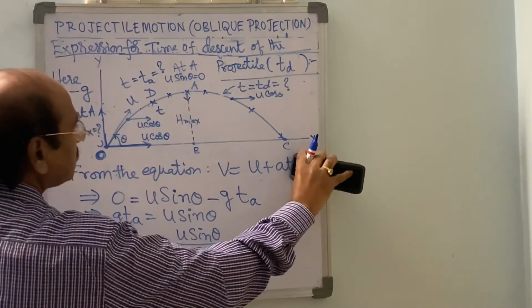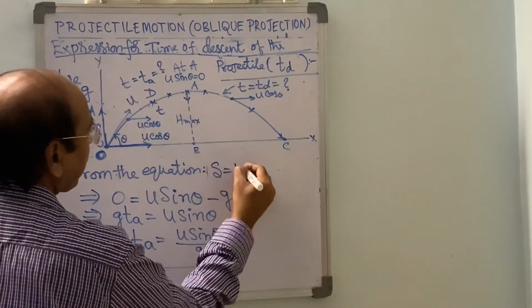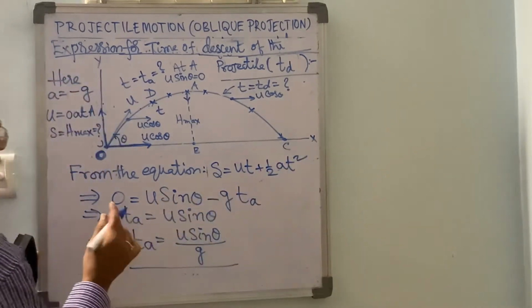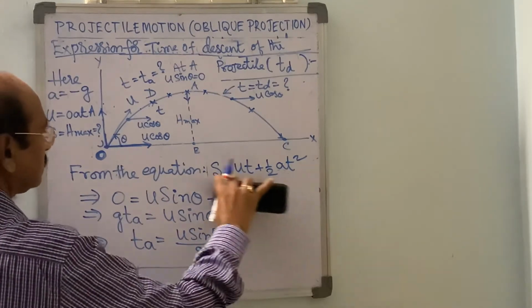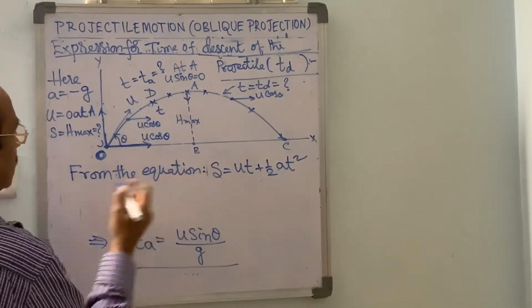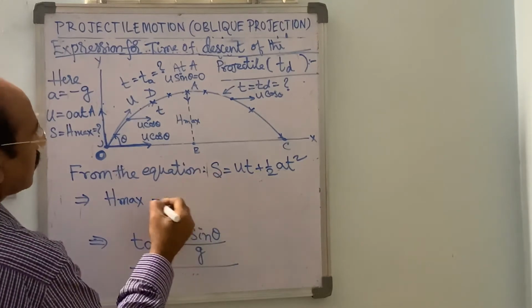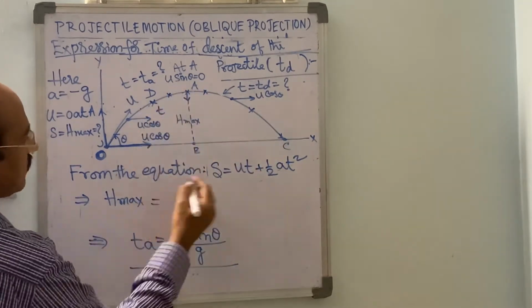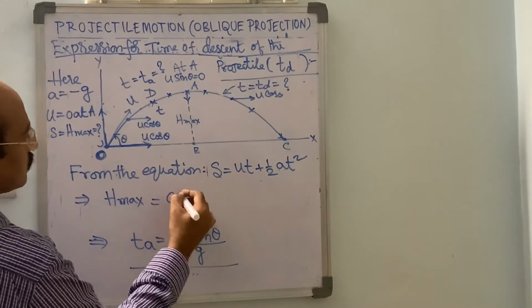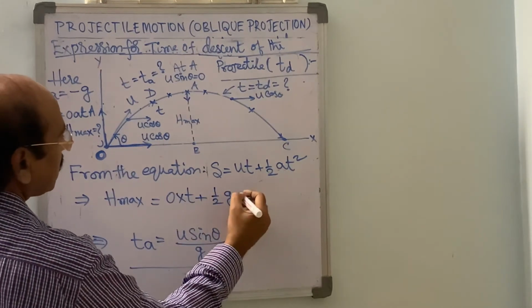From the equation s equal to ut plus half at square, s is nothing but h maximum, and u is 0, with half g into t square.